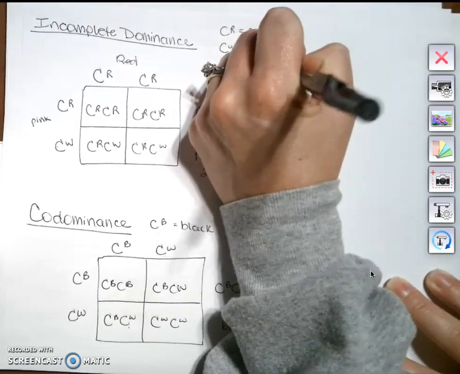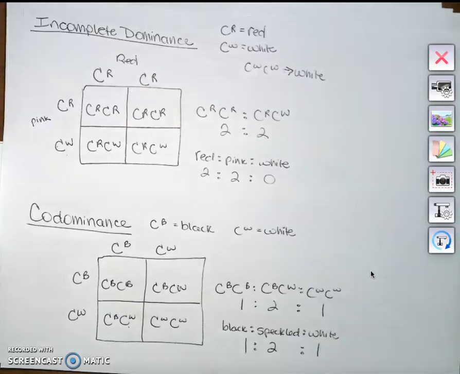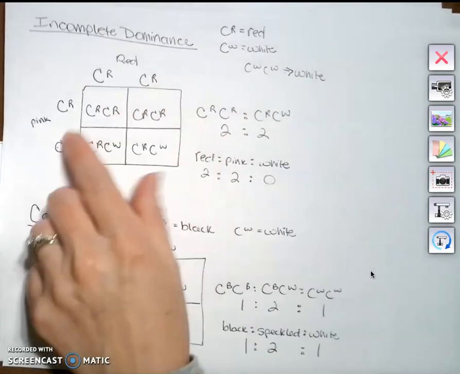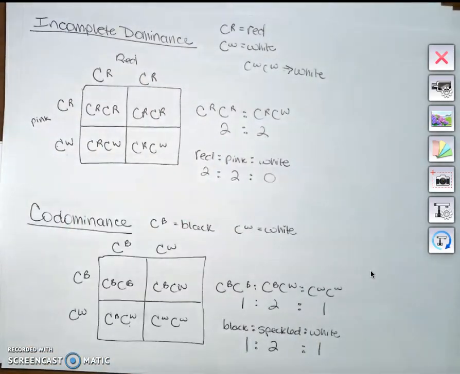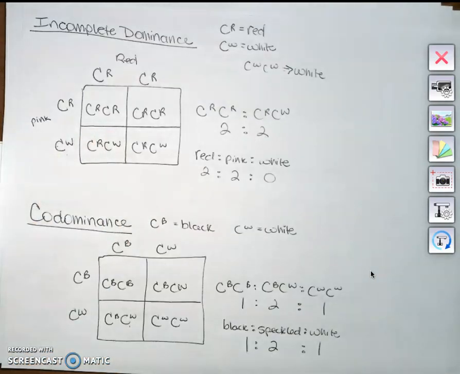CWCW would be phenotypically white. When you looked at it, it would be white. So genotype, phenotype, genotype, phenotype. Okay, and then if it's a mix, if it's a heterozygote, has one of each, then it's going to be pink because that's what happens when you mix red and white.